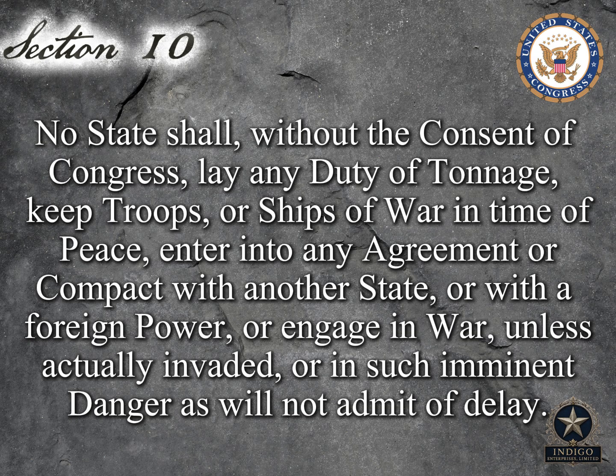No state shall, without the consent of Congress, lay any duty of tonnage, keep troops or ships of war in time of peace, enter any agreement or compact with another state or with any foreign power, or engage in war unless actually invaded, or in such imminent danger as will not admit of delay.